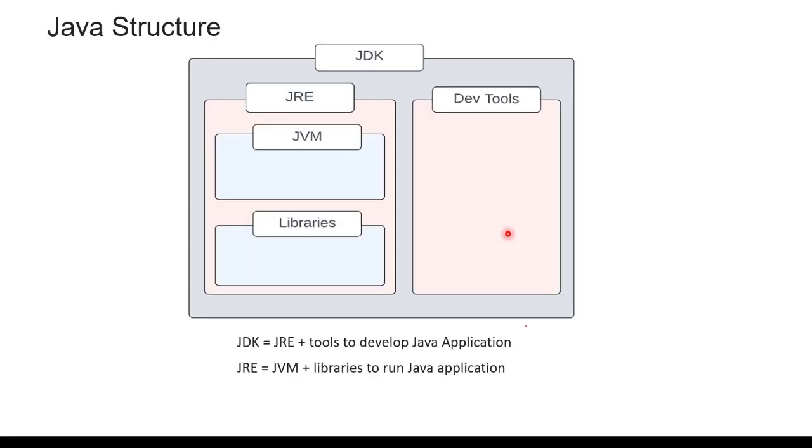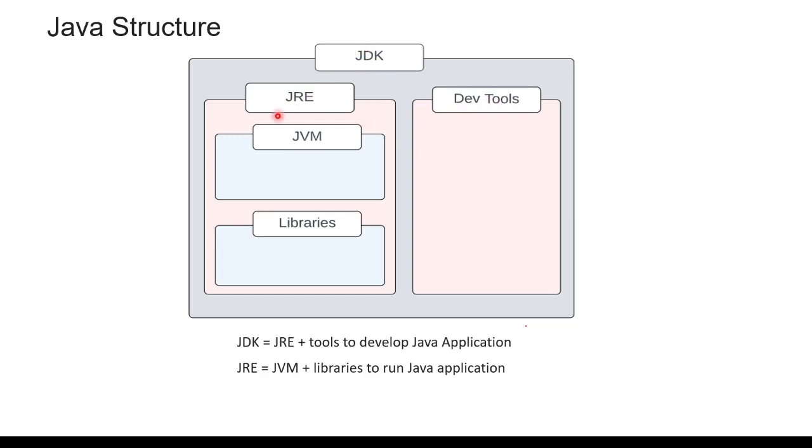This image represents the internal structure of Java. When we install Java in our system, it will generate these folders: JRE, JDK, JVM. Each module has a different functionality. On a high level, JDK contains JRE and dev tools.